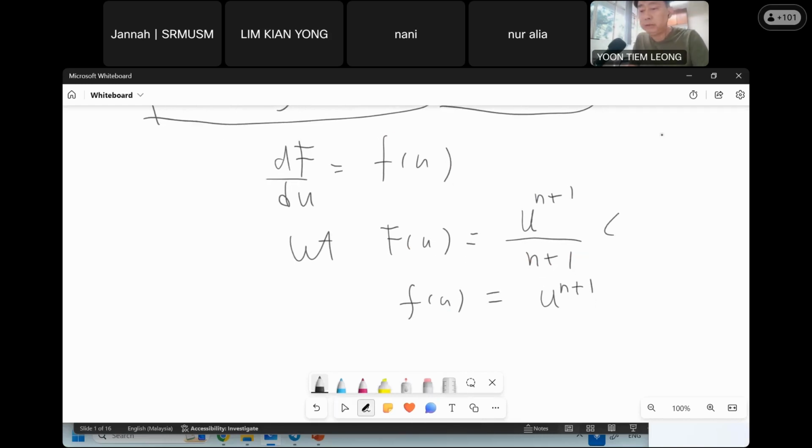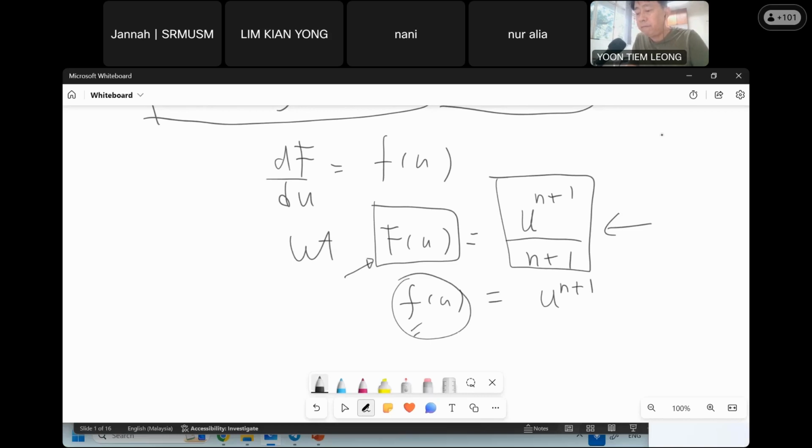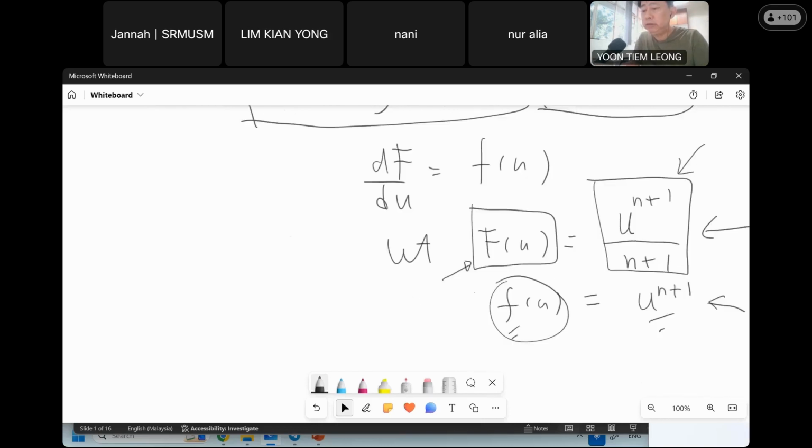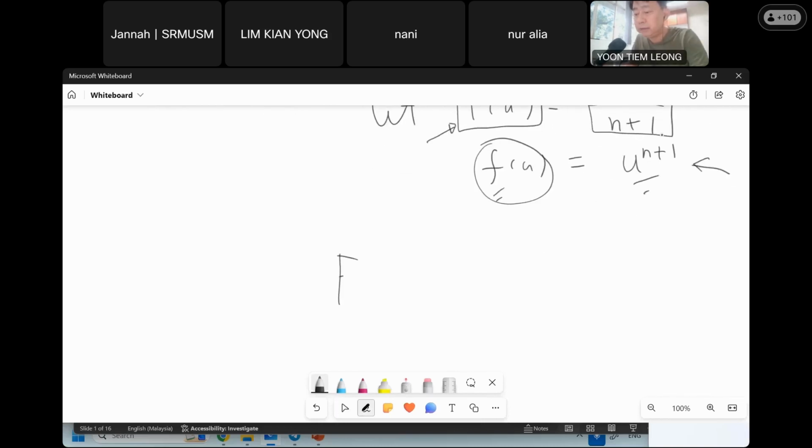This statement is written down by making the assumption that capital function F takes on this particular form, and since small function f is the derivative of the capital function F, then the form of the small function f is fixed. So choosing the capital function F and small function f to be taking these two forms respectively, then I come back to this very simple relationship that I just derived.